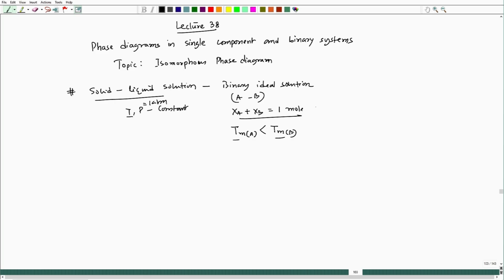Here we will be assigning a reference value to the pure free energy of A and B depending on the stable condition at that temperature, for pure A solid or pure B solid or pure B liquid or pure A liquid.